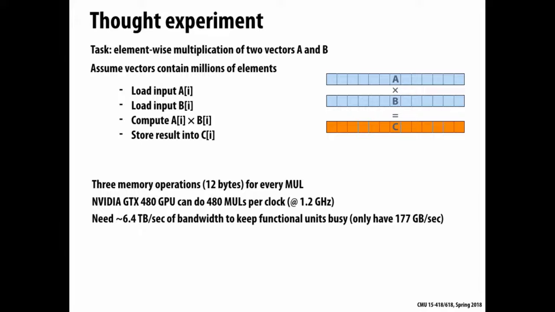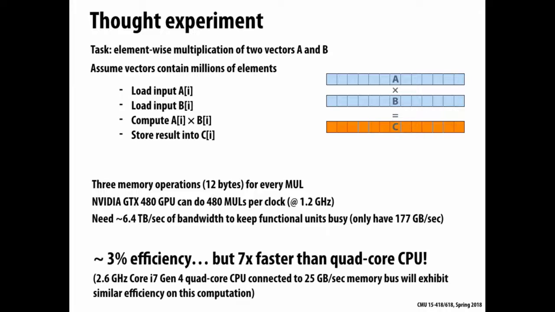So on this model of GPU, it has the potential to run 400 multiplications every clock, but that would take a 6.4 terabyte memory pipe, which it doesn't have. It has something less than that.